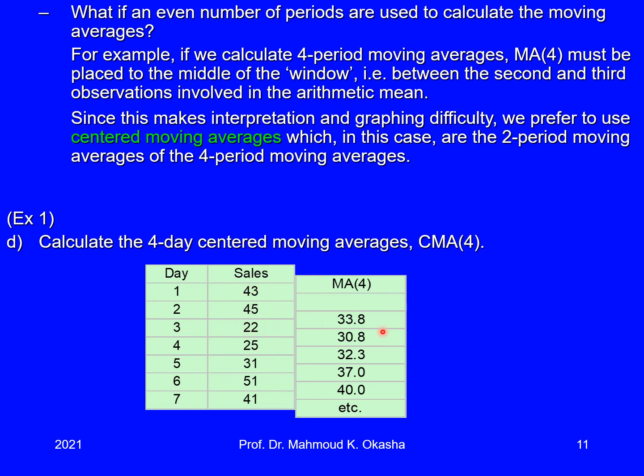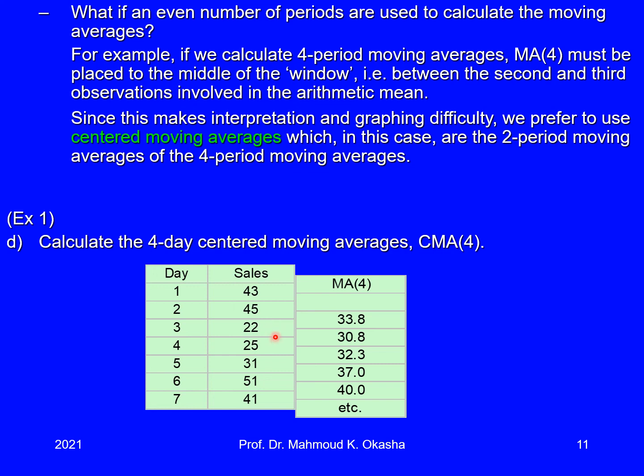But where should we put this result, 33.8? Up to the second value, 45, or the third value? It's not in the middle. We can't put it in the middle, so we should put it really in the middle between these two values.